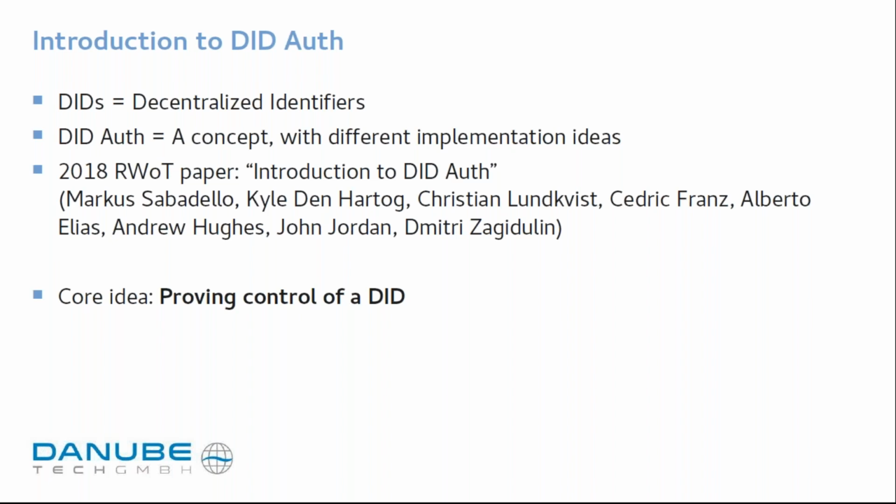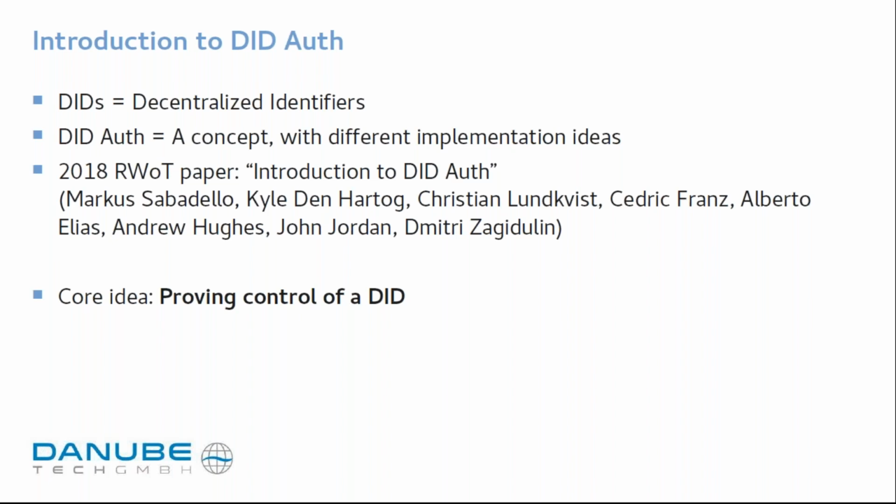At this point, DID Auth is not a standard. It's not even a specification. At this point, it's a concept. It's this basic concept of proving that we control a certain DID. There's now a paper called Introduction to DID Auth, which we started to work on at the last Rebooting the Web of Trust event this spring.